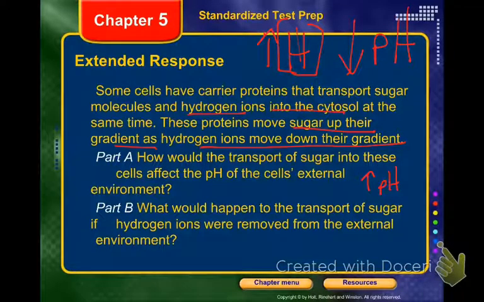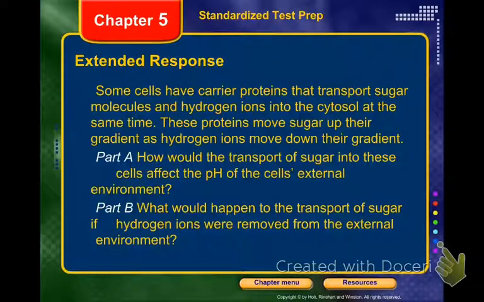I agree with you guys that if you take out all the hydrogen ions, these transport proteins are going to move the hydrogen and the sugar. But if you remove the hydrogen ions, I've never looked at this question before, so let's see. Do they give us an answer? Moment of truth.